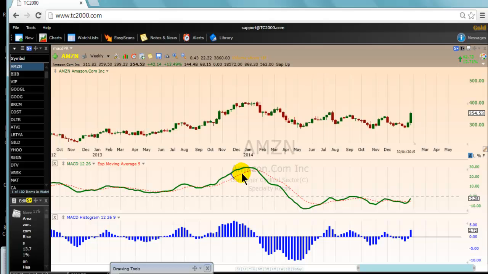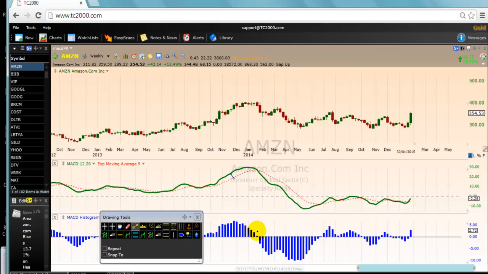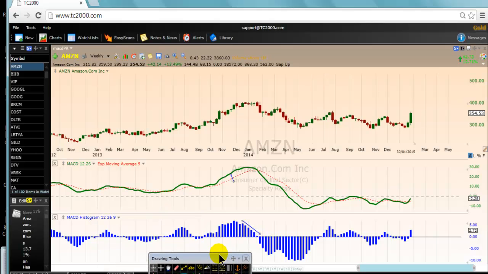Though it's not very clear to us that this distance is decreasing, the MACD histogram at this point in time is telling us that in fact, though with our eyes we cannot see that this distance between the two lines is decreasing, MACD histogram is alerting us that the distance between MACD and its signal line is changing, it's diminishing, and very soon MACD will cross below its signal line, which has happened here. And traders will say that this is a leading indicator. Great stuff, all right?